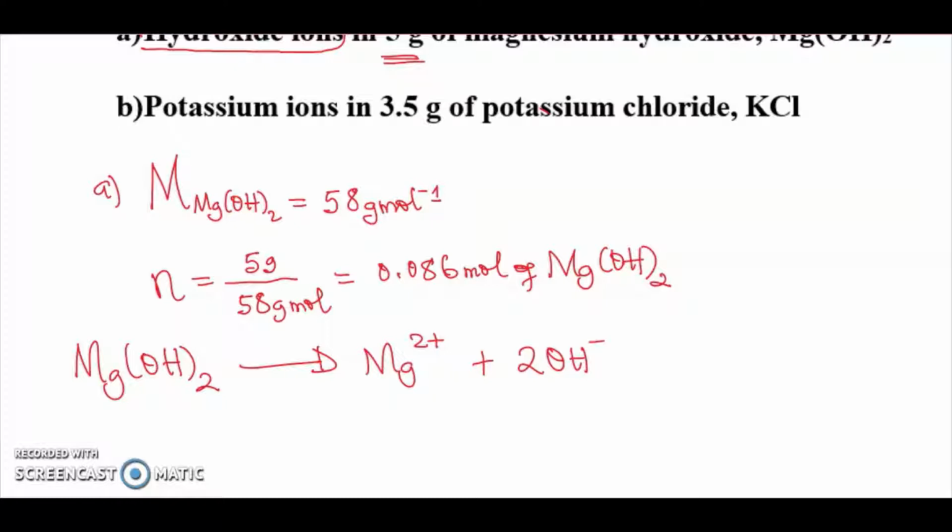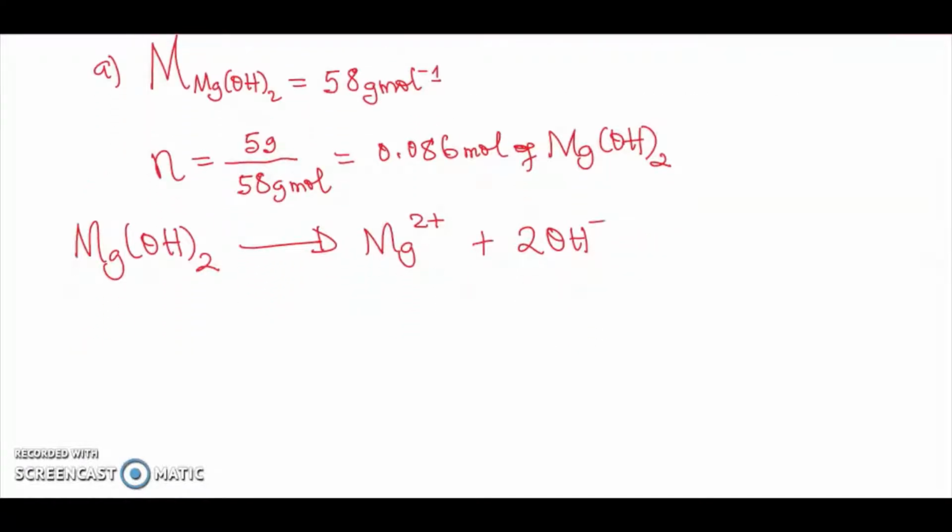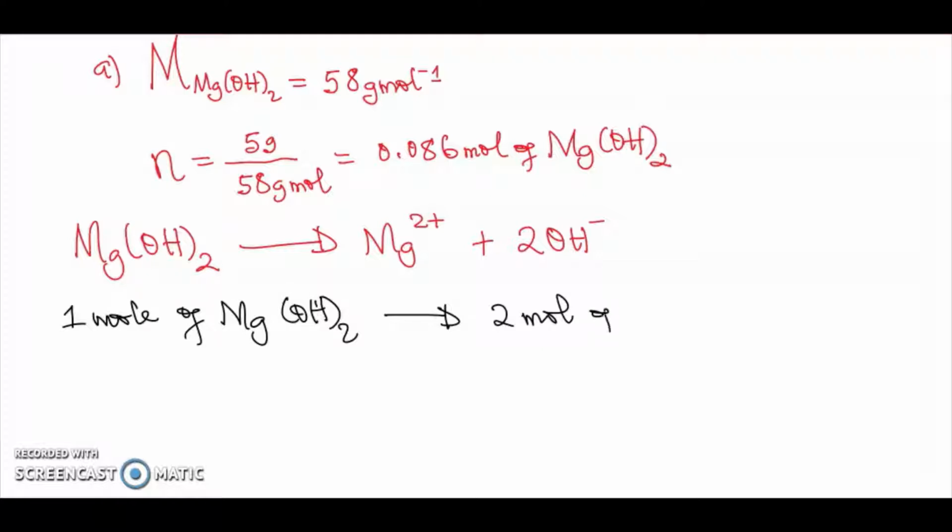So we write: 1 mole of magnesium hydroxide contains 2 moles of hydroxide ions.